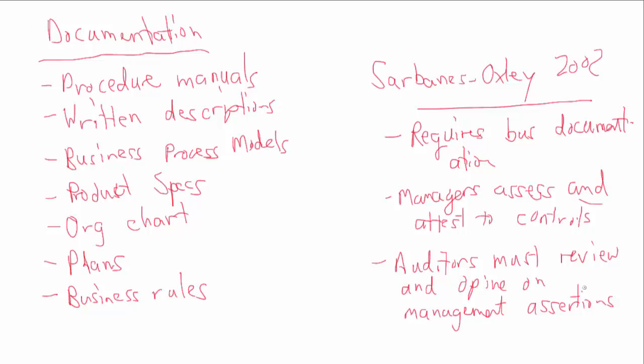Everything the auditor does is reviewing what management is asserting. What does management say for the company? The auditor is going to render an opinion based on management's assertions.